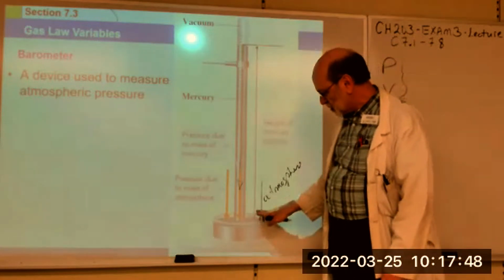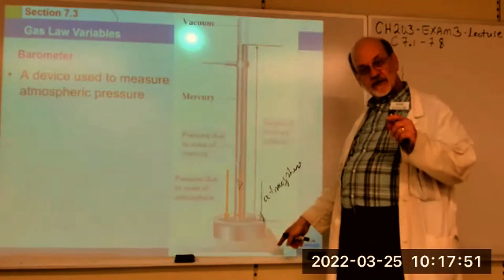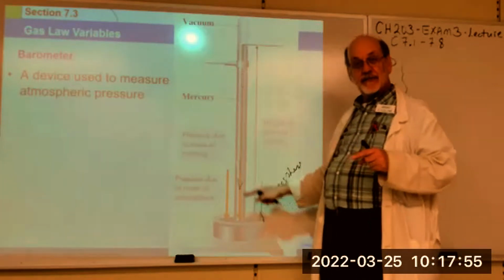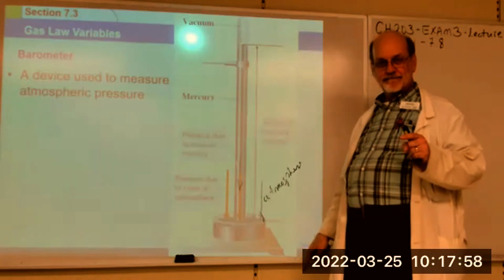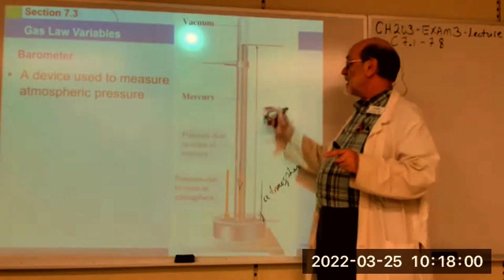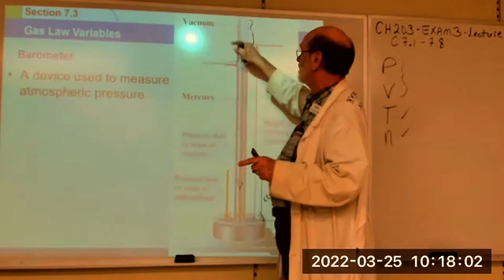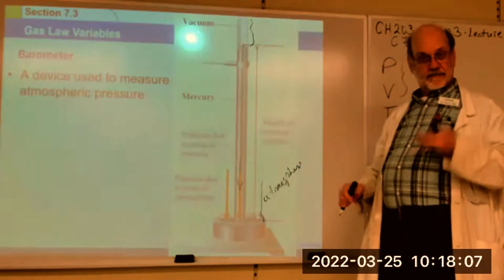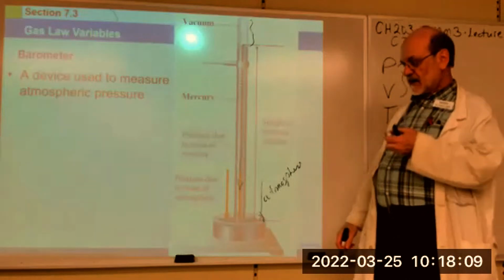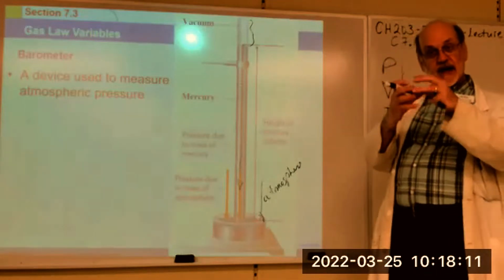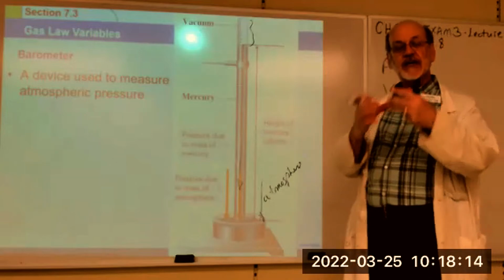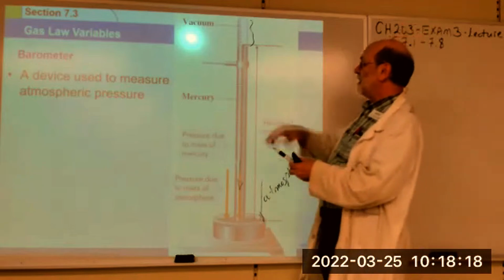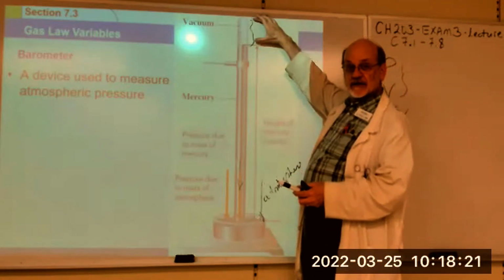So the atmosphere was pushing on this, and the only force being balanced here was the mass of that mercury. What we know here is that that was the first vacuum. Define a vacuum. A space, a volume, that used to contain some matter, and now it doesn't, right? That used to have matter, now it doesn't. That's a vacuum.